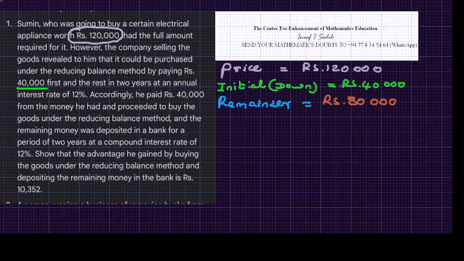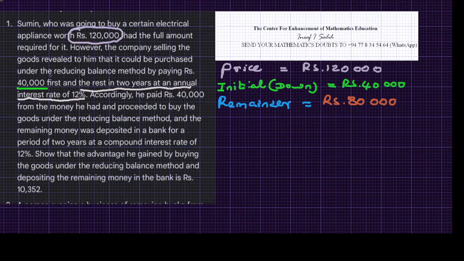So let's see how Sumin is going to make that payment of 80,000. It is told that the rest of the payment he is going to make in 2 years at an annual interest rate of 12%.